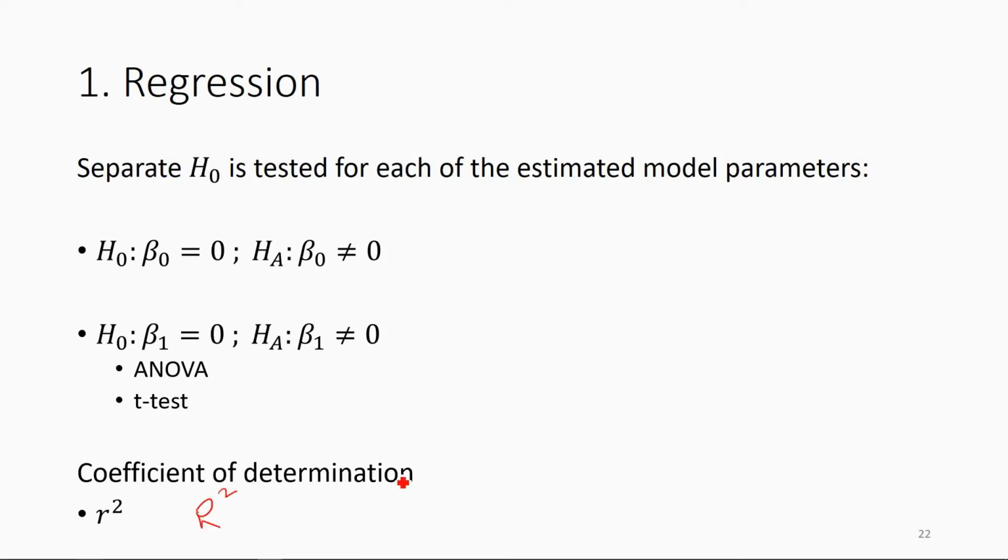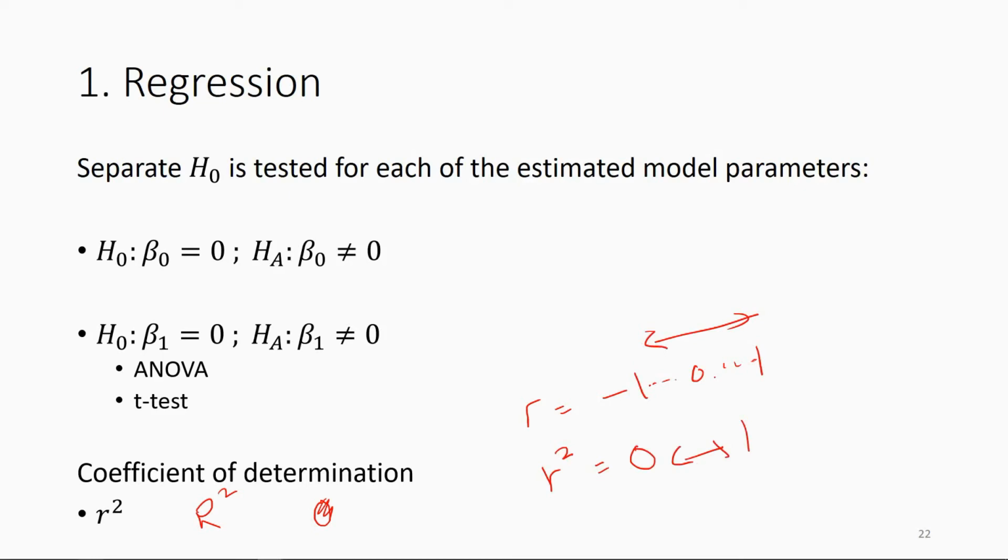So you know the R value is between -1 and 1, correct? So what is the possible value for R squared? It's between 0 and 1.